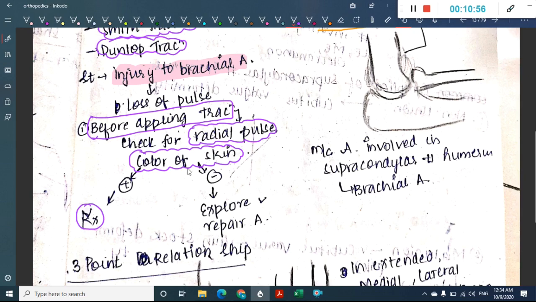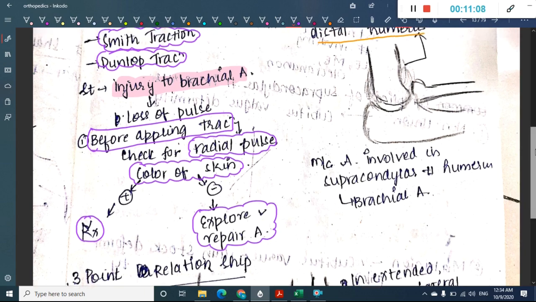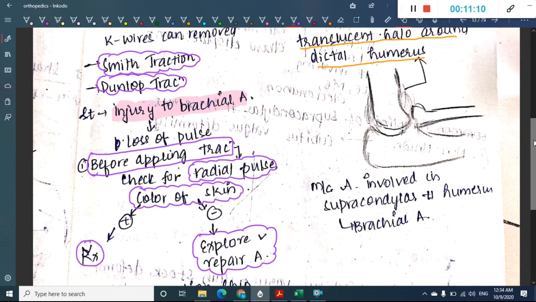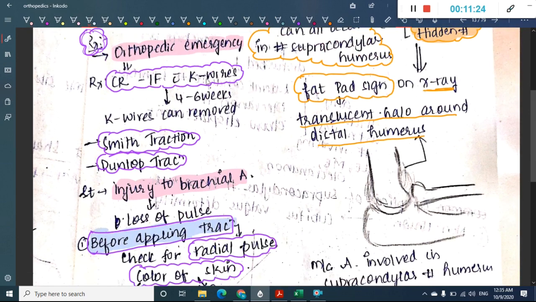If the skin is pale and there is absence of radial pulse, then you should explore it. Based on the brachial artery injury findings, you always have to be ready to change your plan of action. This is very important. So here you do closed reduction and internal fixation with K wires always.